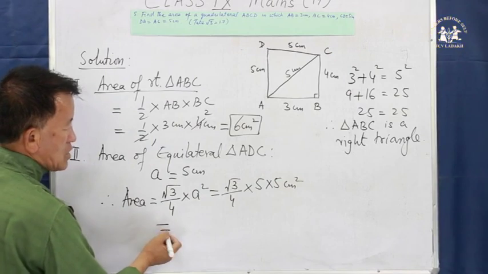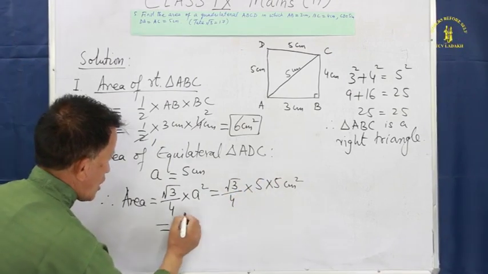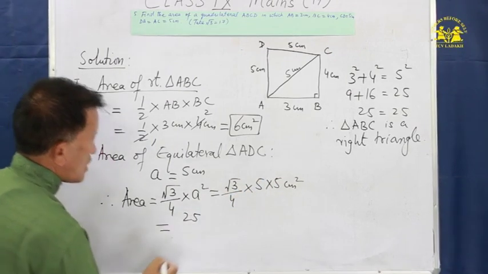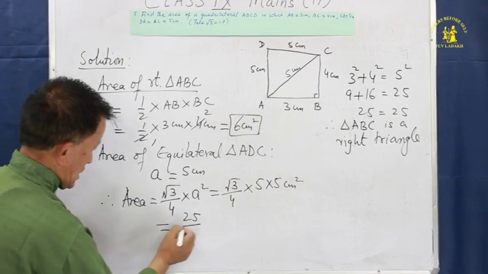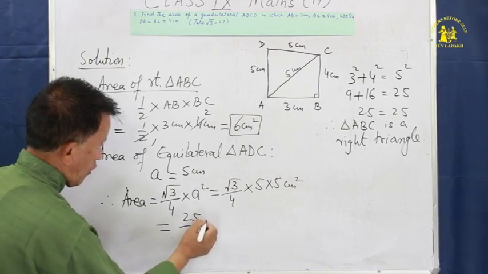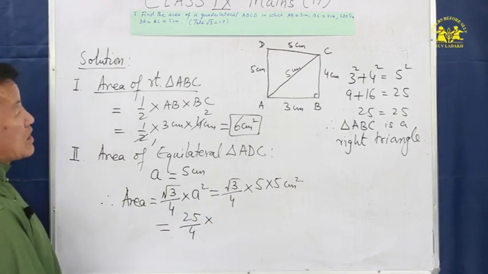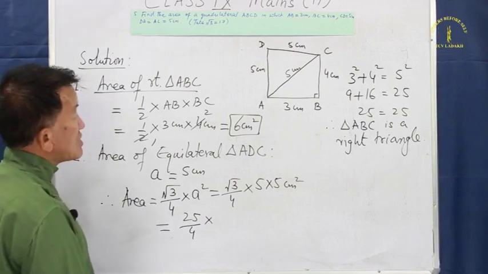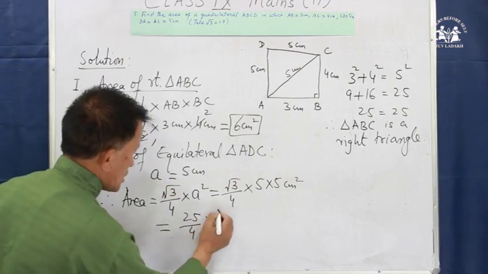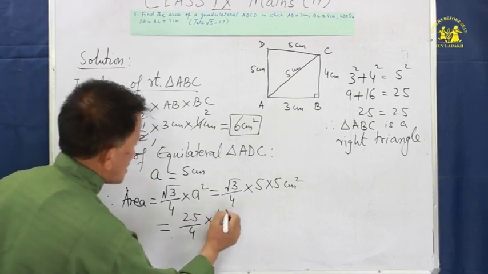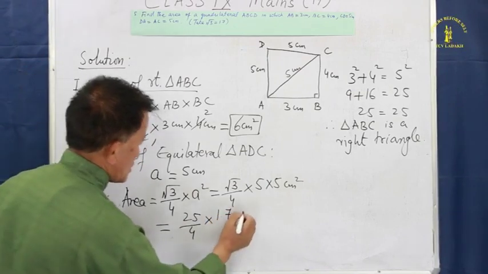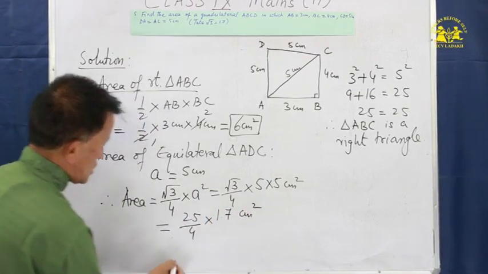Okay, so 5 fives are 25 divided by 4 into, you are given a simple value of square root of 3, which is equal to 1.7. So this is square centimeter.